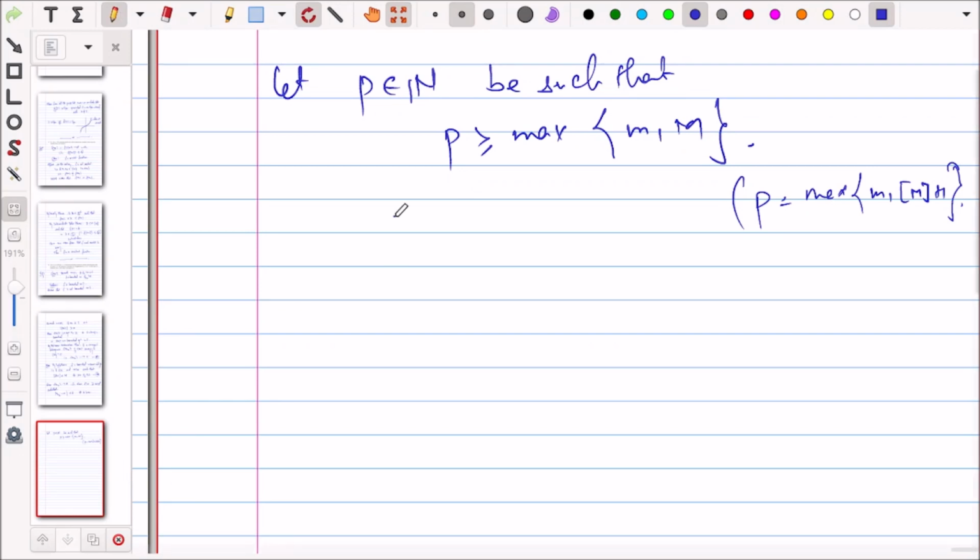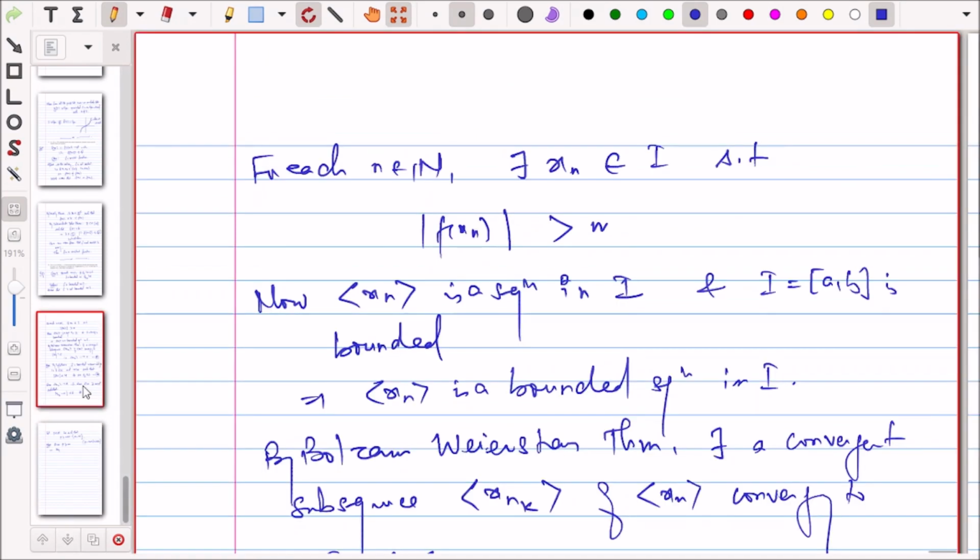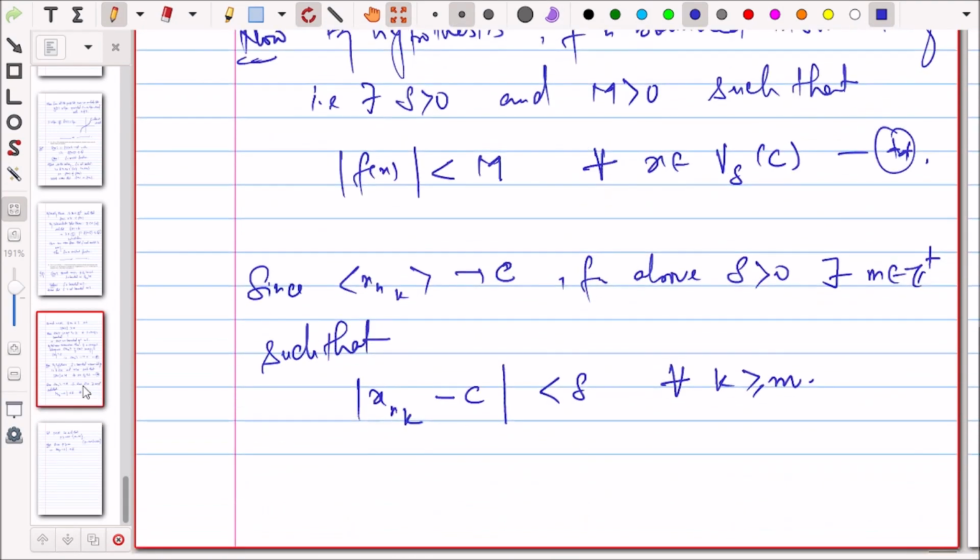So now we will work with x_{n_p}. Since p is greater than or equal to m, this implies |x_{n_p} minus c| is less than delta, using the last condition that we got, because for all k greater than or equal to m, |x_{n_k} minus c| is less than delta.